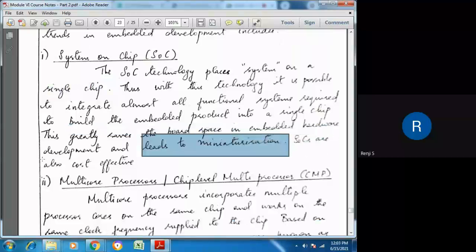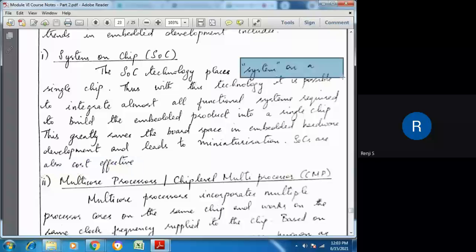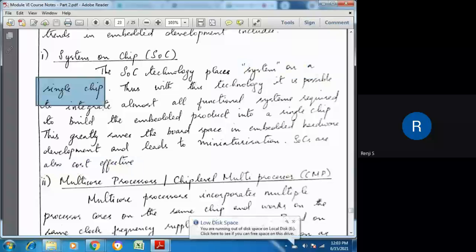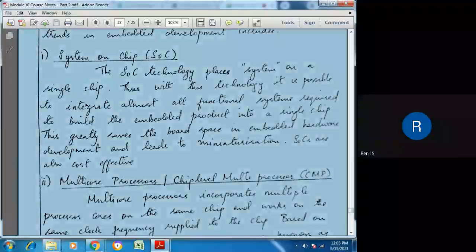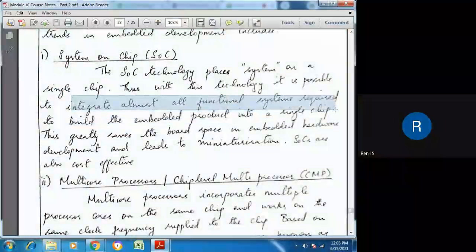So SoCs are also cost effective. SoC technology places the system on a single chip. That is its expansion, system on chip. With this technology, it is possible to integrate almost all functional systems required to build the embedded product into a single chip.